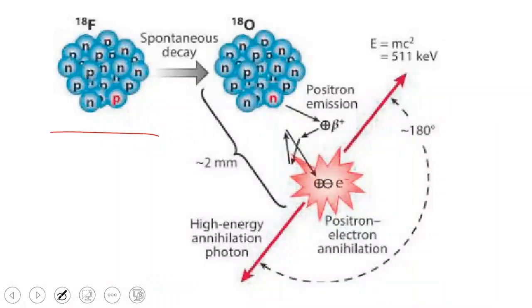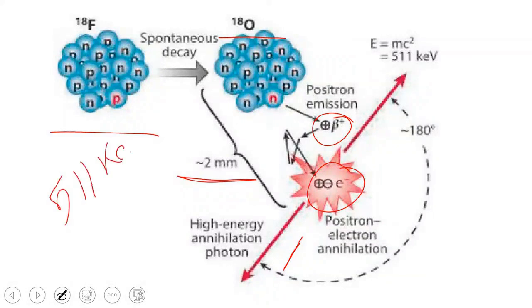When there are many protons, a proton transforms into a neutron, giving us oxygen. Then the positron is emitted, which can combine with any electron present in the medium. About 2 millimeters away, 2 gamma photons are emitted, each at an angle of 180 degrees. The energy of each emitted photon is 511 kiloelectron volts.